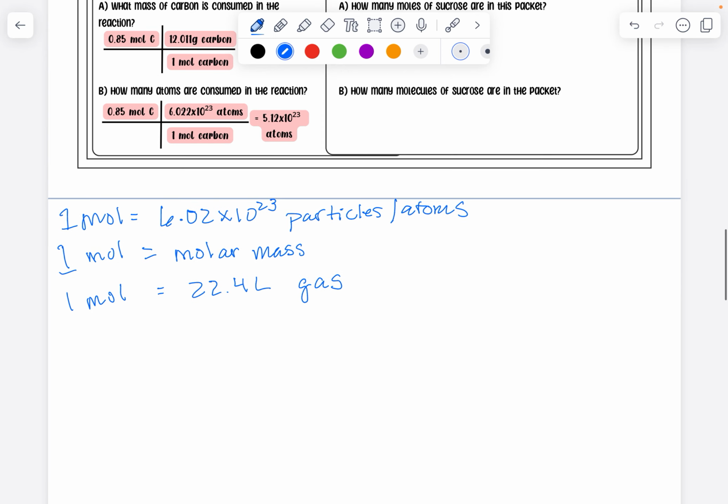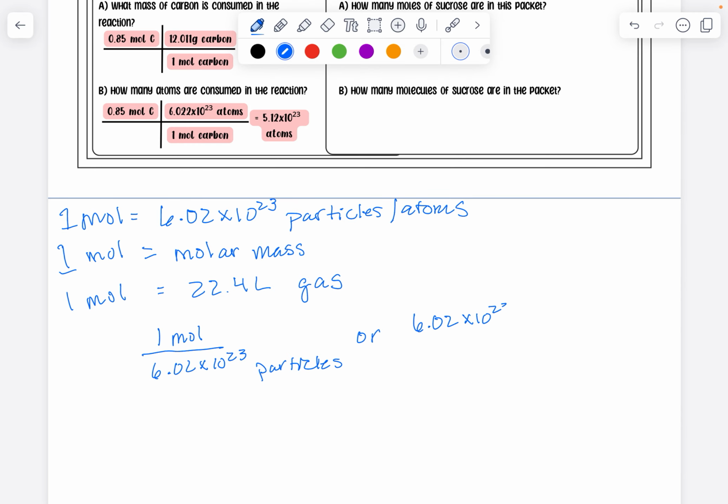So how can we write this? I can say that 1 mole over 6.02 times 10 to the 23 particles. It's the same thing. Or I can put 6.02 times 10 to the 23 particles over 1 mole.